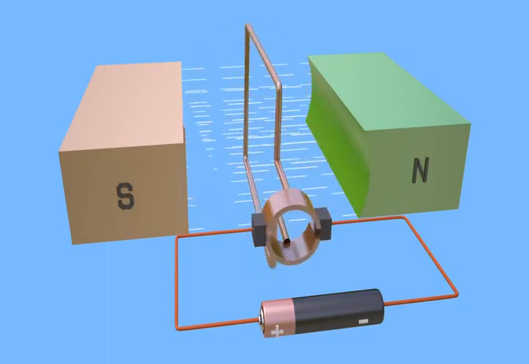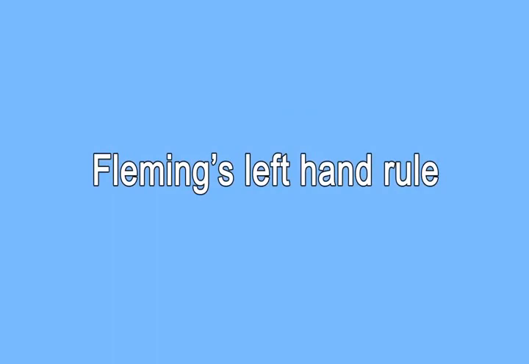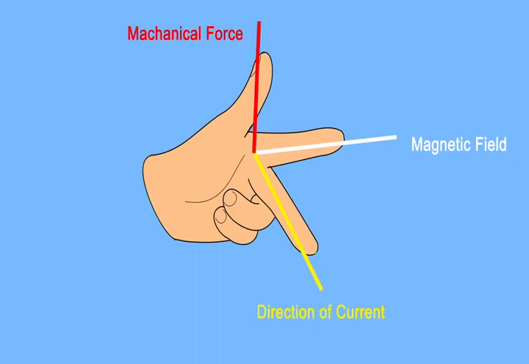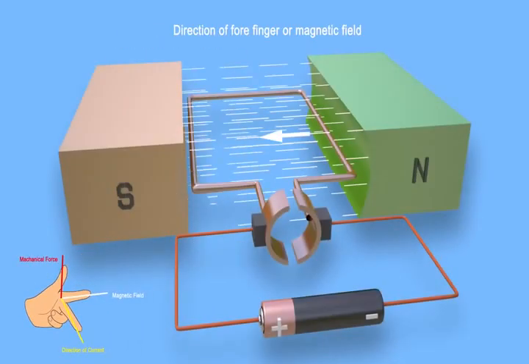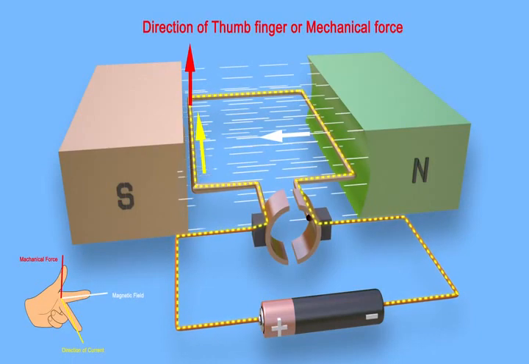The direction of mechanical force can be easily determined by applying Fleming's left-hand rule. To do this, spread out your left thumb, forefinger, and second finger so they are all at 90 degrees to one another. If the forefinger is aligned along the direction of the magnetic field, from north pole to south pole, and the second finger is aligned along the direction of the current in the left side conductor, then the thumb indicates the direction of mechanical force.